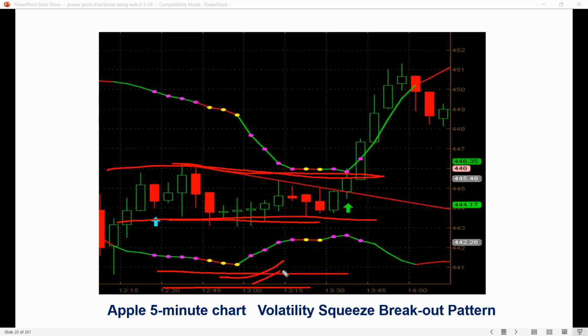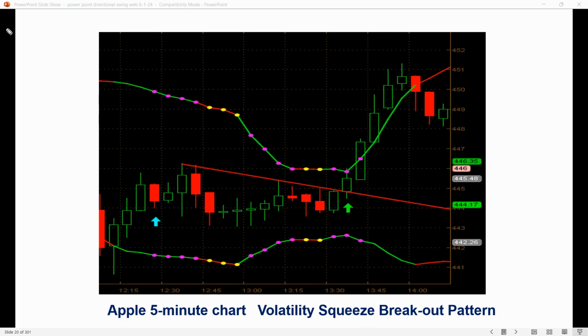If they're starting to push up, the probability is higher that it's going to break to the upside. If the momentum indicators are going down, the probability is higher that it's going to break to the downside. It's a really great tool for getting set up in these types of trades, and it gives you time to get set up, watch the trade, and get ready for the breakout.